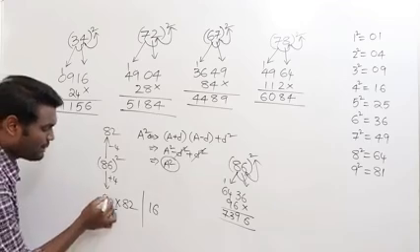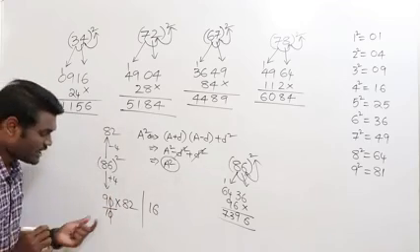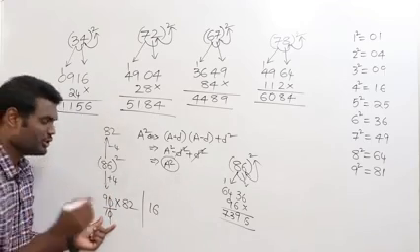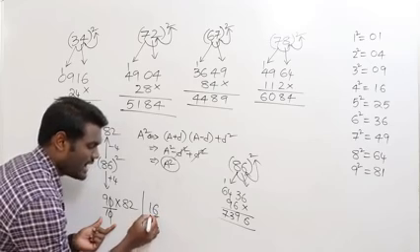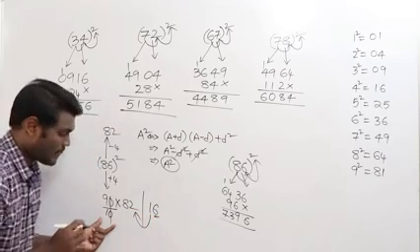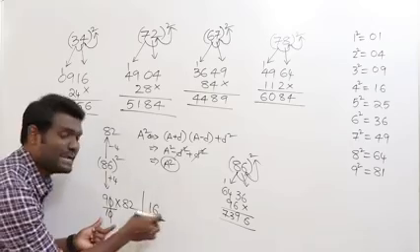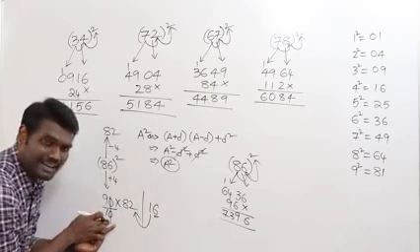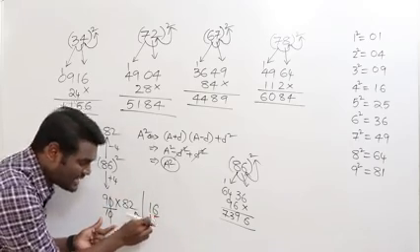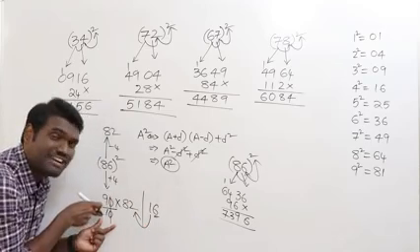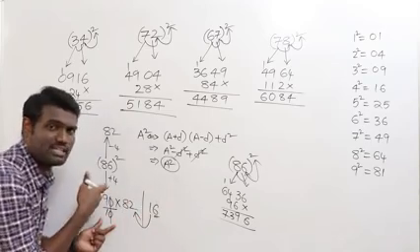When you are dividing by 10, you need to write only one digit and the next digit is carried forward. But if you are dividing by 100, then you can write both the digits at a time.